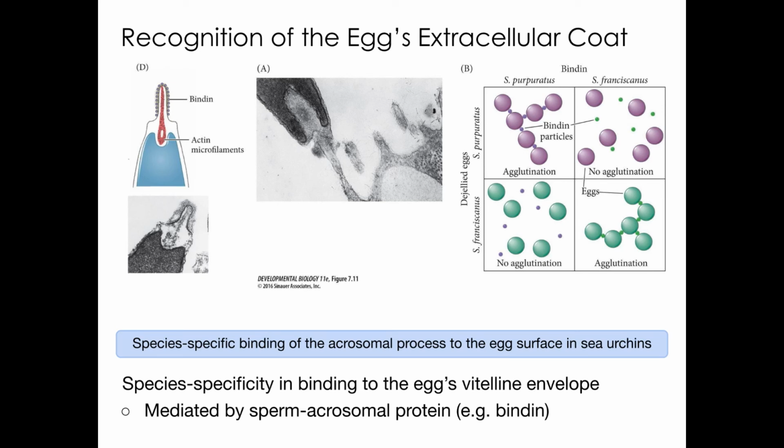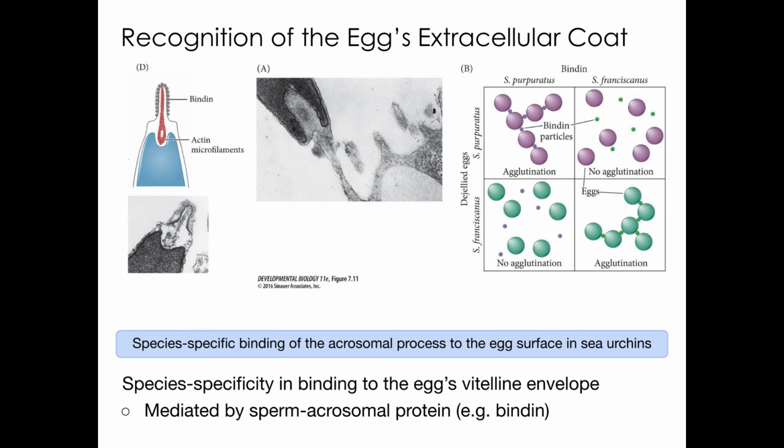As you can see, when bindin from S. purpuratus is incubated with eggs from the same species, that causes the agglutination of the eggs because the bindin binds to the eggs. However, the S. purpuratus bindin does not cause the agglutination of the S. franciscanus eggs, and that shows that the bindin does not bind to the eggs of this species.